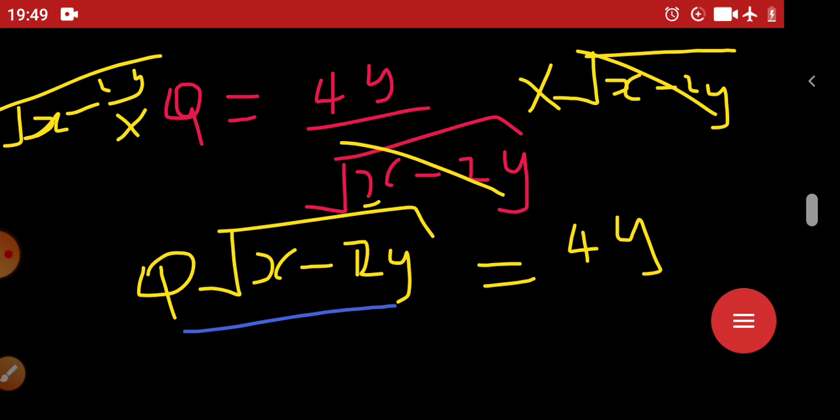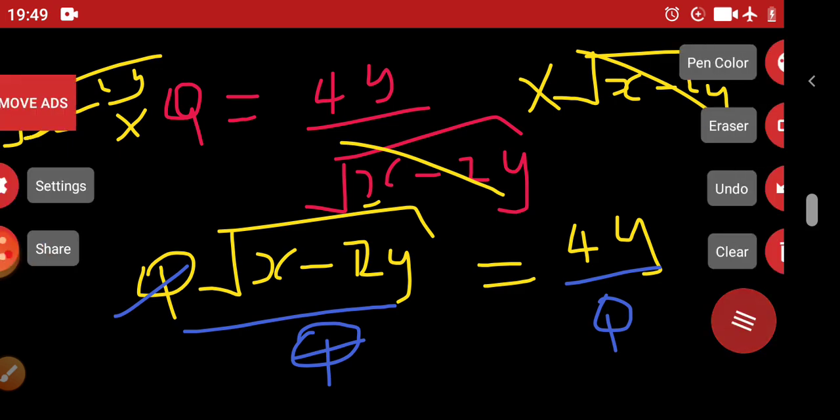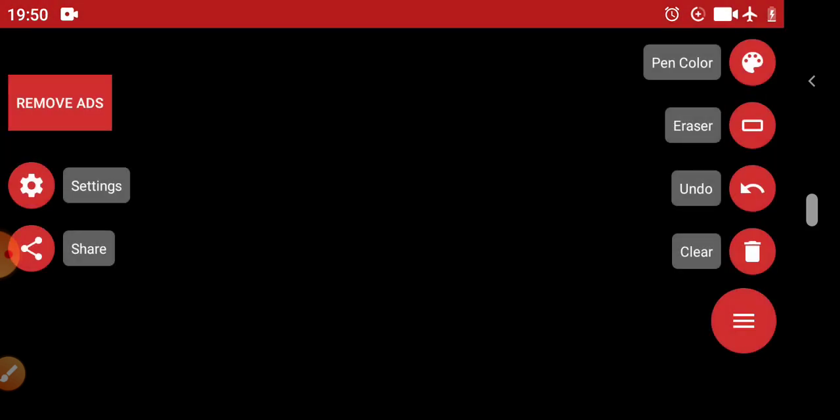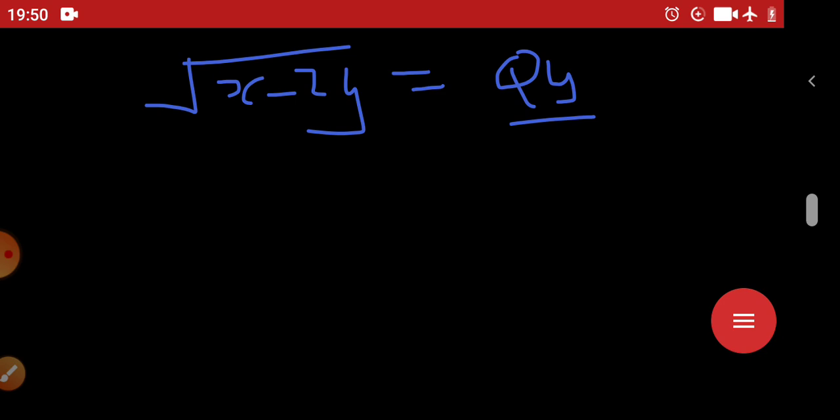We can't remove the square root by multiplying in, so we need to divide by q both sides, so that this cancels this. All right, let me open a new page. So we'll be left with the square root of x minus 2y, which is equal to 4y over q.